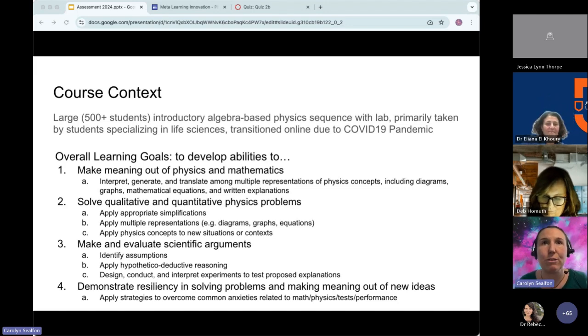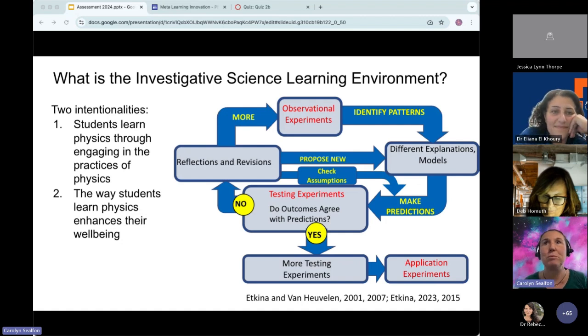And the approach that I used to do this, so this is the engagement part, is called the investigative science learning environment. I'll put some references in the chat here for those who are interested in learning more.